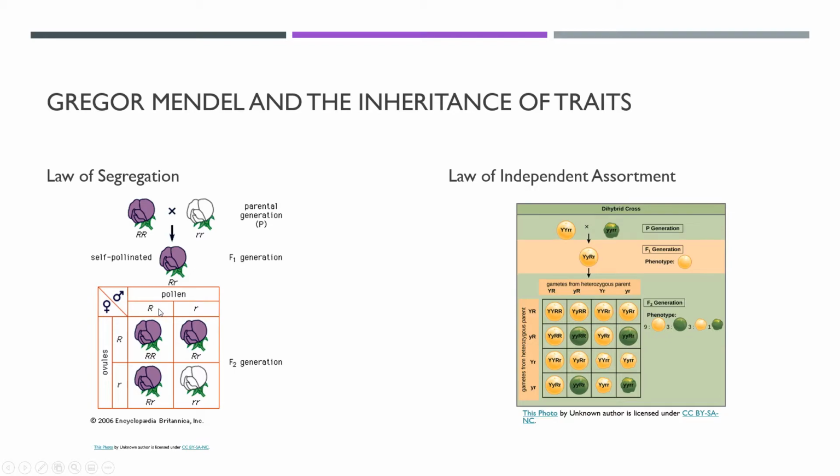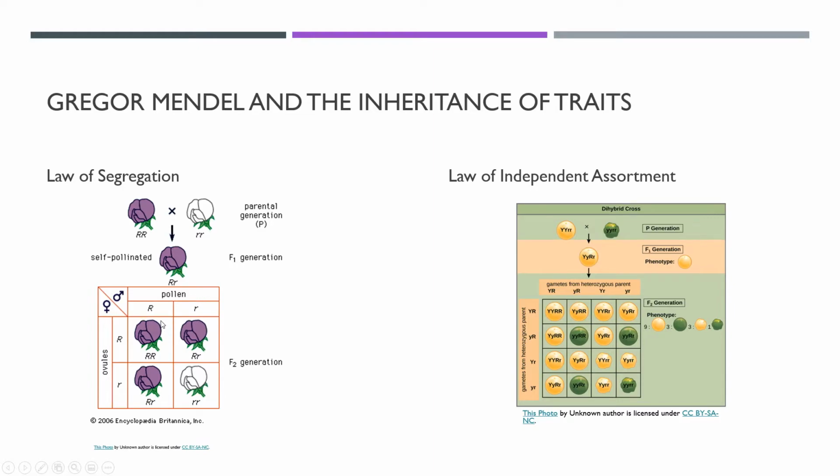The law of segregation basically states that a parent will have 2 alleles for each gene, and that parent can only pass on 1 allele to each of its offspring. So, for example, this parent right here, big R, little r, can either pass a dominant allele or a recessive allele to its offspring.